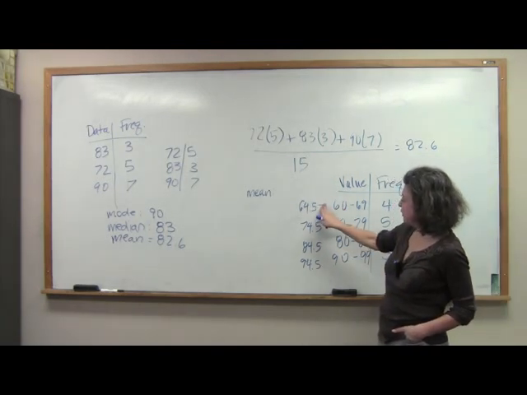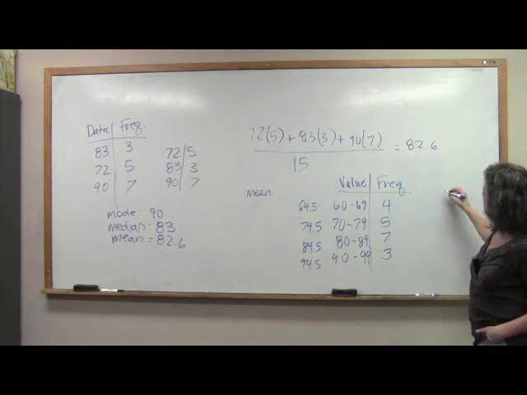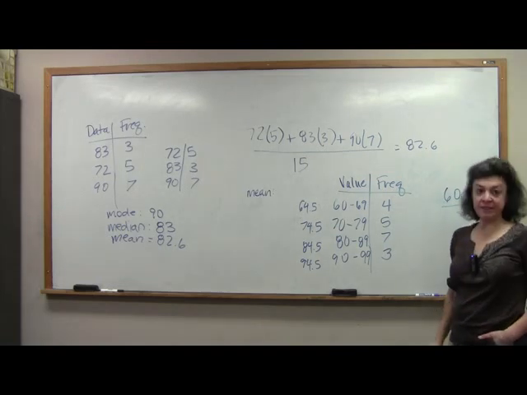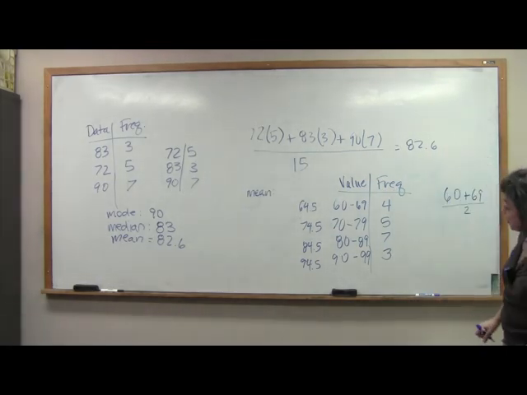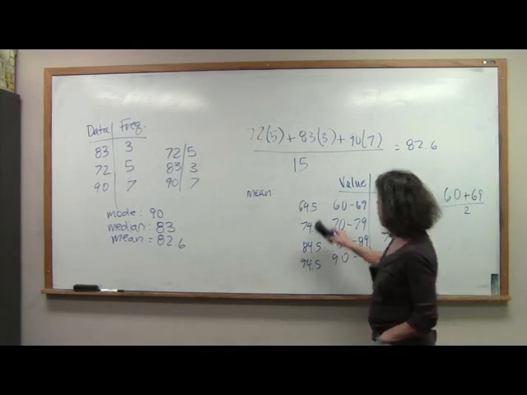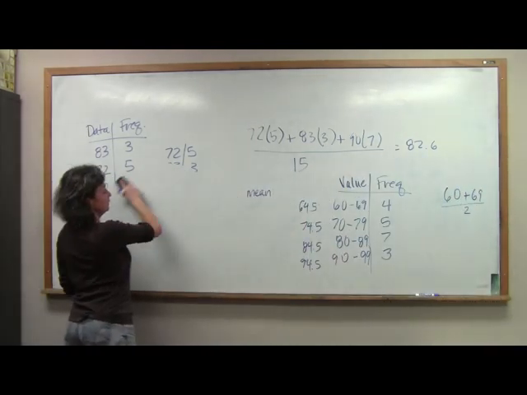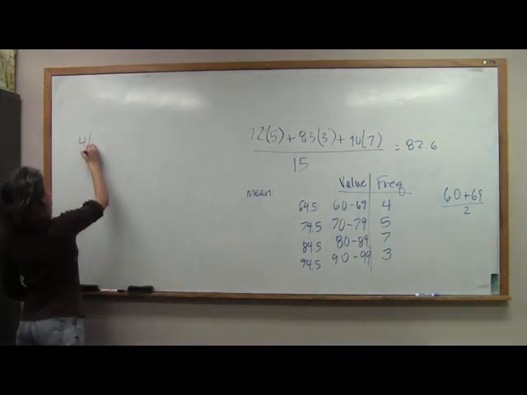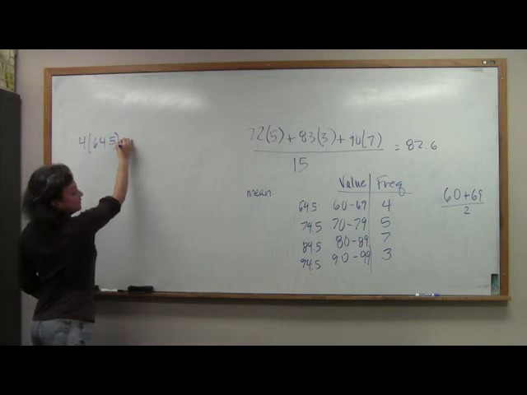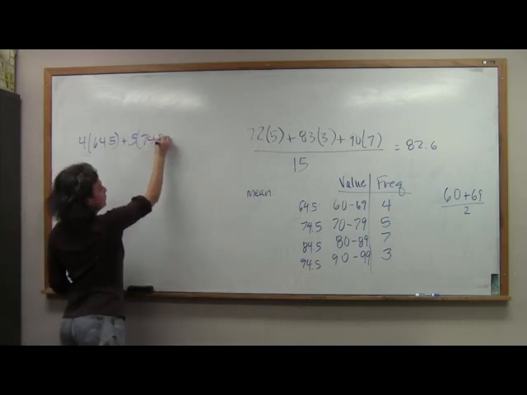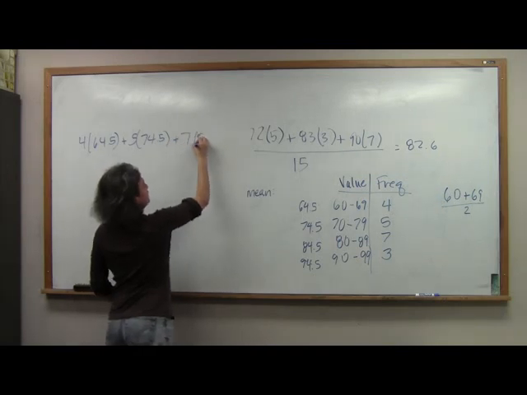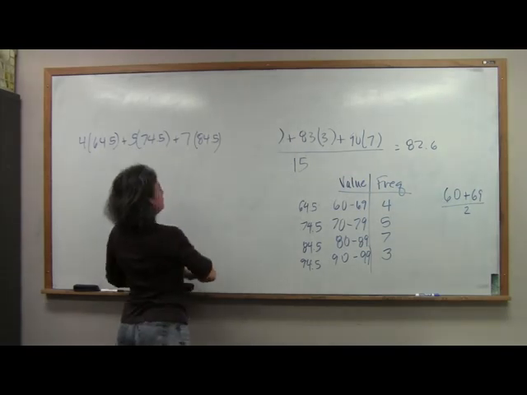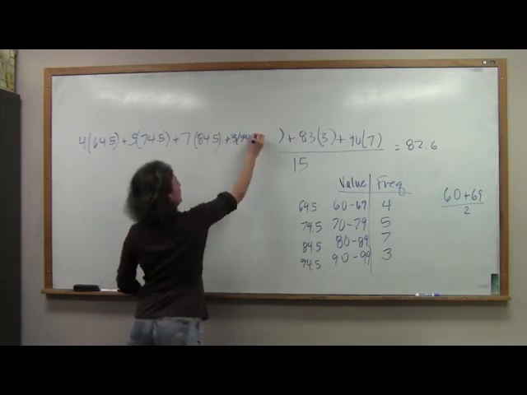Now, you might ask, how did you get this middle value? Well, recall that the way you find the midpoint is you add the values and then divide by 2. Okay? So, the way we would find the mean of this data set right here is we would say it's 4 times 64.5 plus 5 times 74.5 plus 7 times 84.5 plus 3 times 94.5.